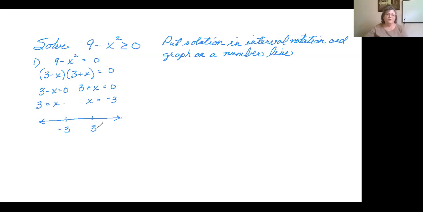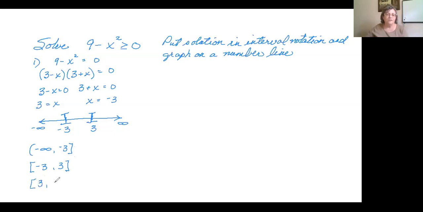Since negative 3 and 3 can both be solutions, I'm just going to go ahead and put brackets here. So my intervals are negative infinity to negative 3. Always use a parenthesis on an infinity. Negative 3 to positive 3.